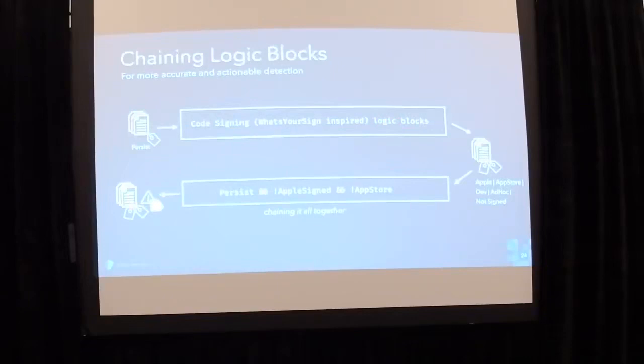This labeling then facilitates chaining and logic block reuse. Tying this to our previous example, let's say vanilla persistence isn't actionable in your environment. Lots of things ask to persist, so it may not be actionable. We chain this to what I'm calling a What's Your Sign inspired logic block that extracts and labels an event with code signing information for a static binary or a running process.